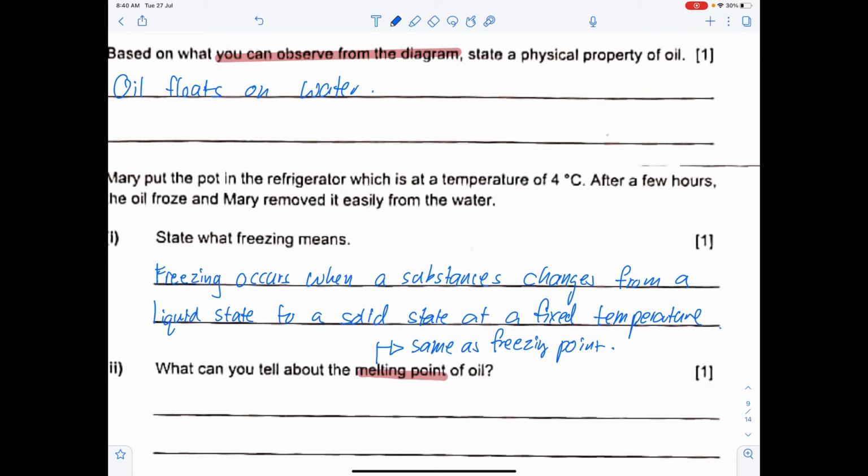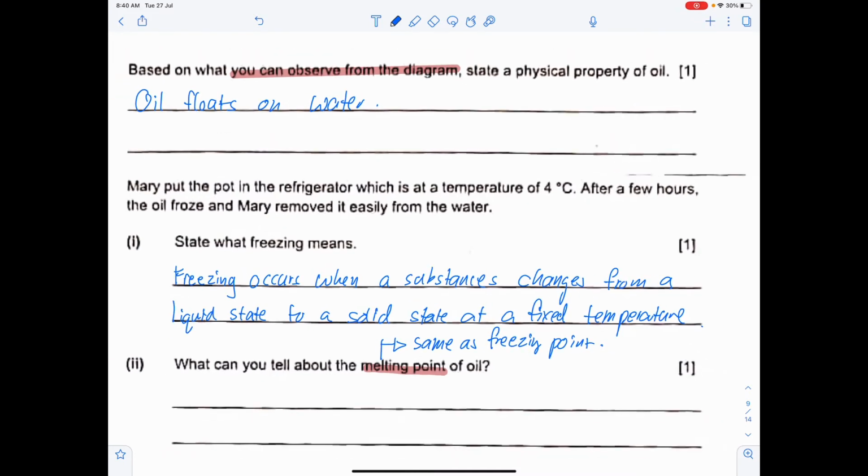Okay, so in the question they state here, Mary put a pot in the refrigerator which is at a temperature of 4 degrees Celsius. After a few hours, the oil froze. Okay, and Mary removed it easily from the water. Okay, so they asked about melting, not freezing.